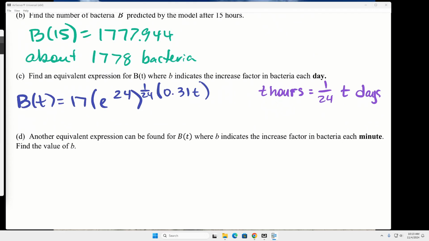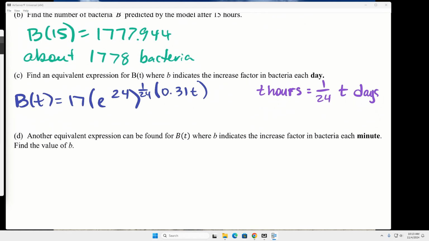Okay, and I want you guys to try and do D on your own. So we're going to do another equivalent expression where lowercase b represents the bacteria each minute. So we're going to go back to hours. And we're going to change the unit of time to minutes.